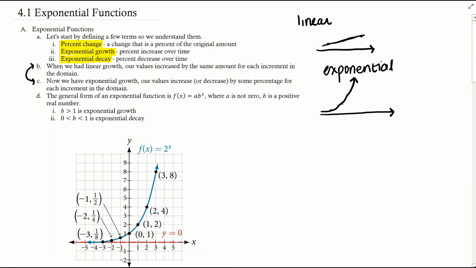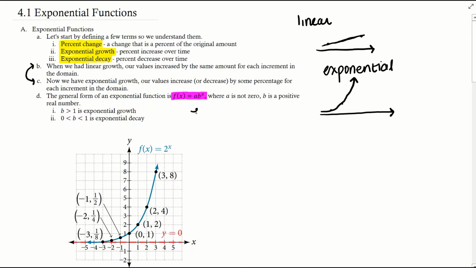So the general form of an exponential function is f of x equals a b to the x. It is b that is being put to that exponential of x. So a is just what is out front.